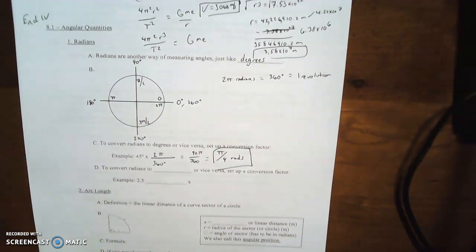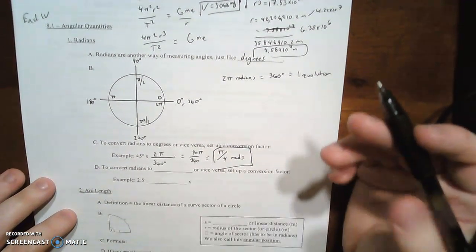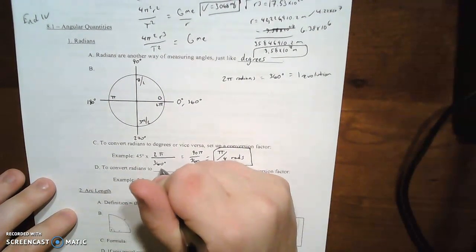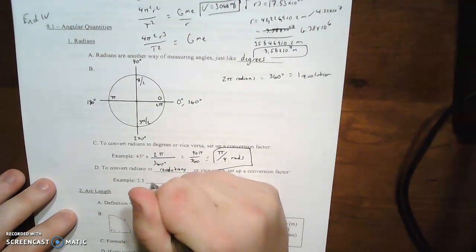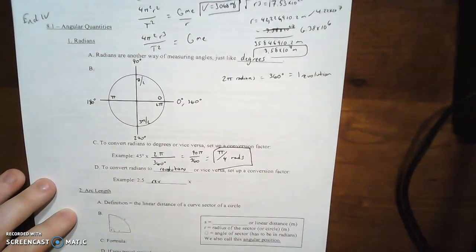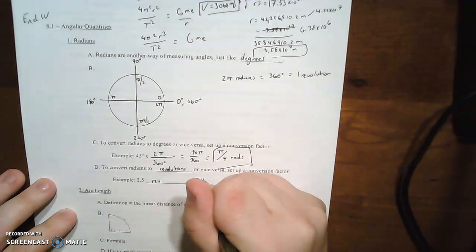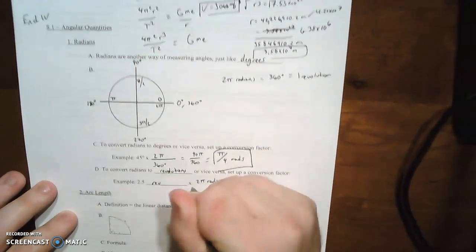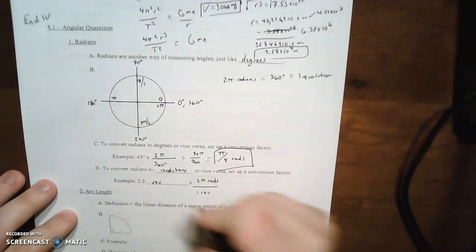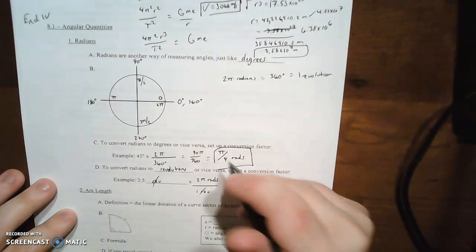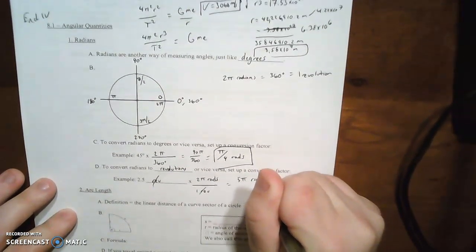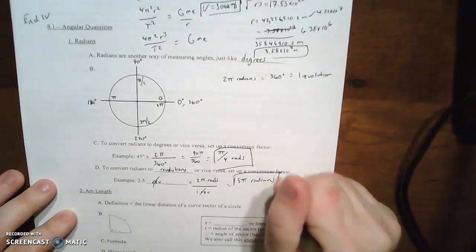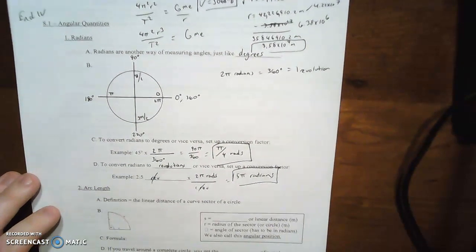This also works for revolutions, so to convert revolutions to radians, we just take 2.5 revolutions and multiply by 2 pi radians over 1 revolution. Revolutions cancel, and we wind up with 5 pi radians. So converting between these things is fairly simple.